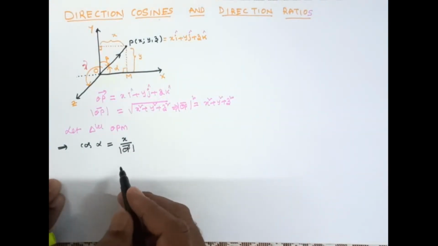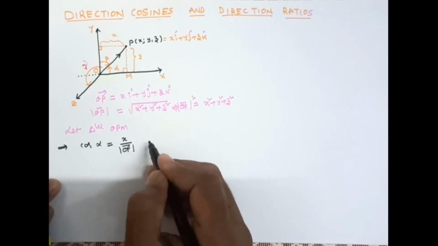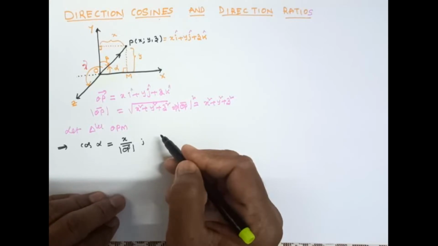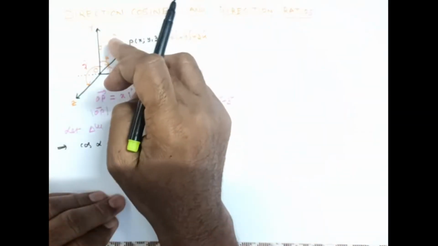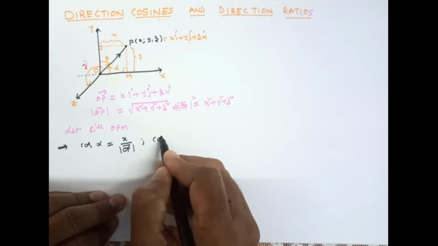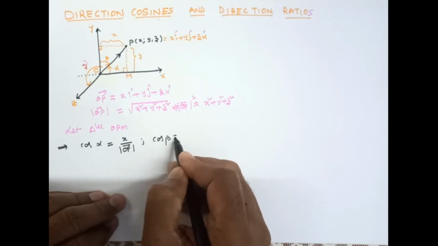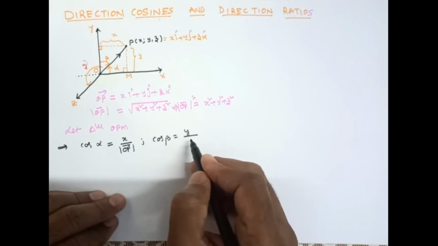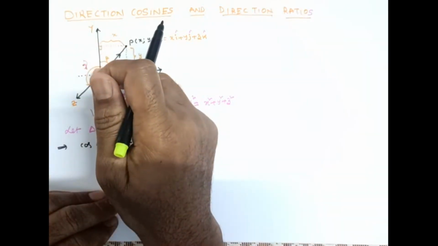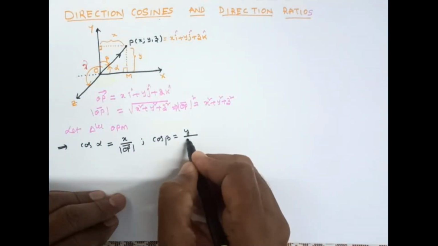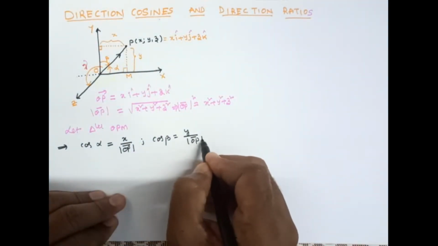Like this, we can consider the second right angle triangle. In this right angle triangle, with the y-axis, cos beta we can write as y by the hypotenuse, since this length y is the adjacent side. So it will be y by the magnitude of OP bar.